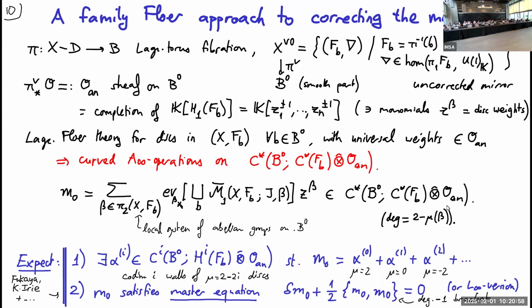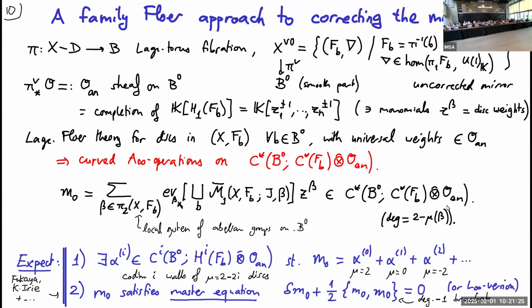So one thing you can do is Lagrangian Floer theory, not just for a single Lagrangian fiber at a time, but considering the whole family of Lagrangian fibers. And then these weights Z^β that used to be numbers, T to the area times the holonomy of the particular connection, become actually variables in this family sense.